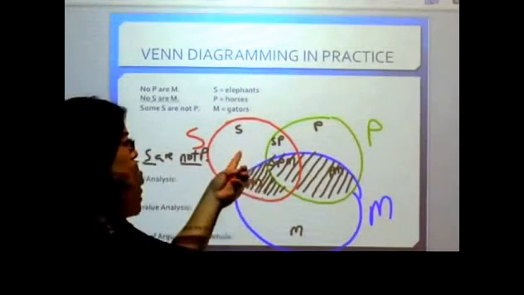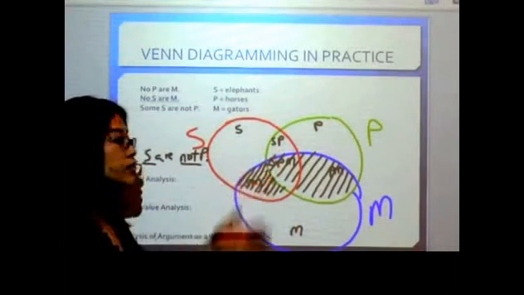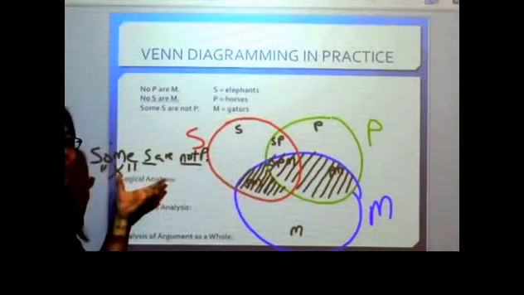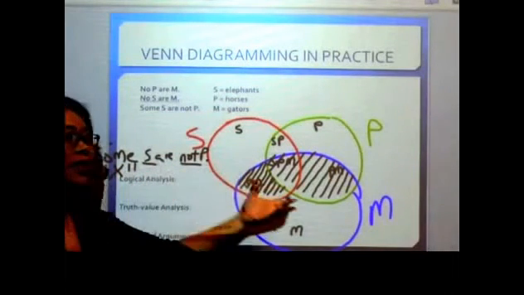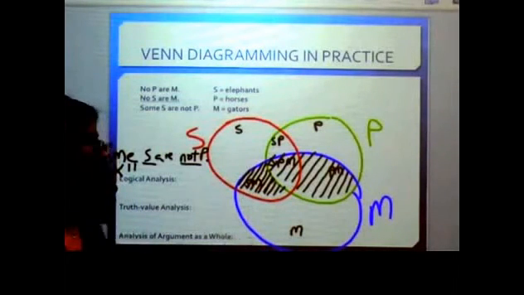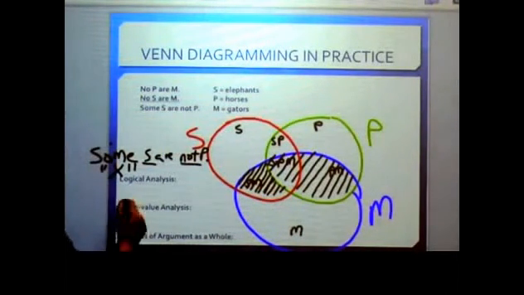So there's no X in here, and there's no X in here. So this is invalid, because we don't have the information that's contained in the conclusion being represented in the Venn diagram after diagramming only the premises. So this is also an invalid argument.